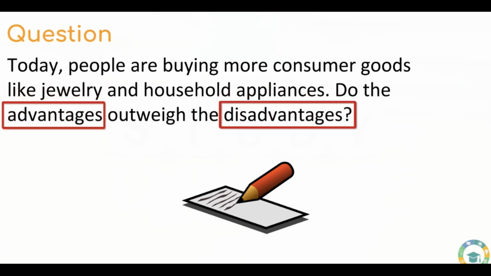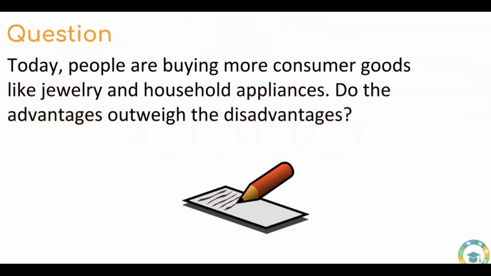This sentence is also really important in our question because it is definitely asking you to give an opinion, which you can include in your conclusion. So let's have a final read through the question and move on to our introduction. Today, people are buying more consumer goods like jewellery and household appliances. Do the advantages outweigh the disadvantages?